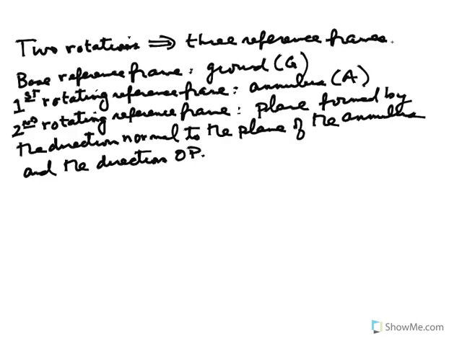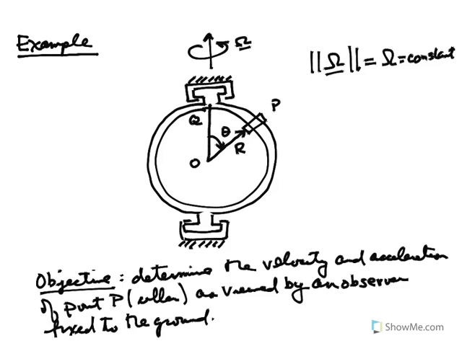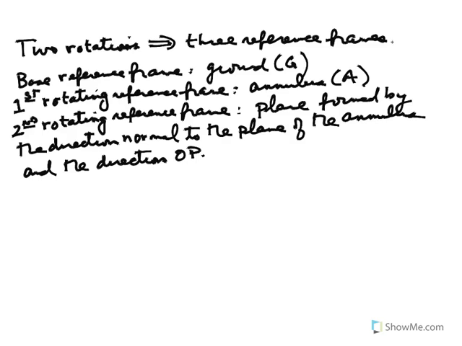So that actually was a little bit subtle and maybe a little hard to see, but if you look at the direction normal to the annulus and the direction OP, you'll see that that forms a plane, and that plane rotates relative to the annulus. We'll get into describing this another way when we go through the frames. So we have three frames.